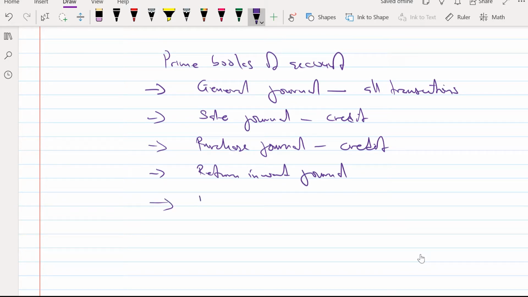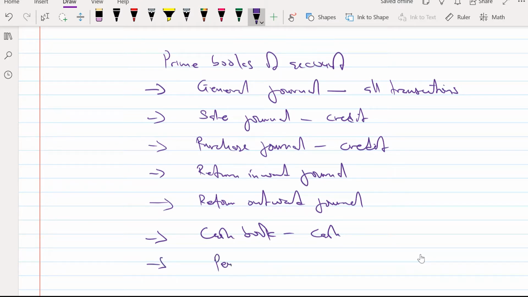We also have the return outward journal, which affects the purchase journal. Then we have the cash book, which is basically for cash transactions, and we have the petty cash book.